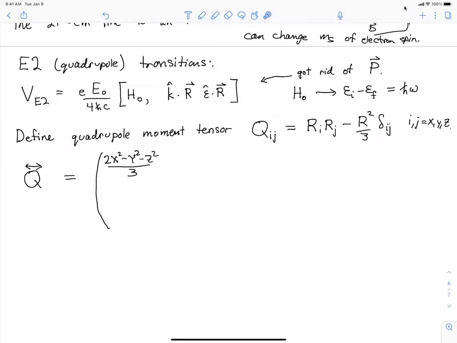I just took this, and that's equal to x squared when i and j are both equal to x, minus 1/3 (x squared plus y squared plus z squared). The other things on the diagonal look similar. So this is (2y squared minus x squared minus z squared)/3, and then (2z squared minus x squared minus y squared)/3.